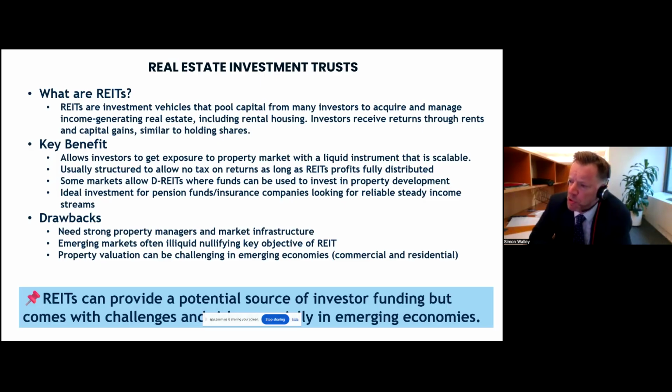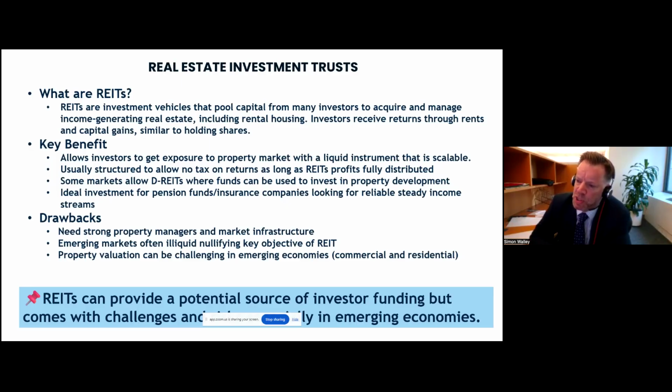A REIT is a vehicle that allows pooling of capital by many investors to go into real estate, but you have the liquidity of being able to sell the shares in the REITs on an exchange, versus if you invest directly into real estate, you end up with a very illiquid instrument. So in theory, you're facilitating capital market investment into property.